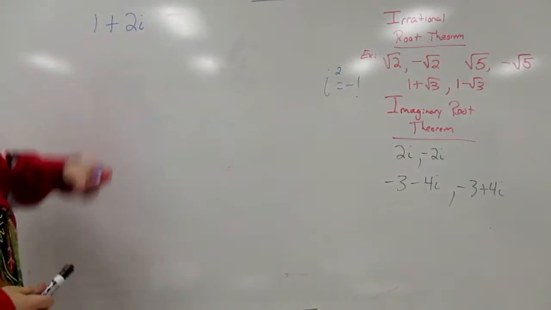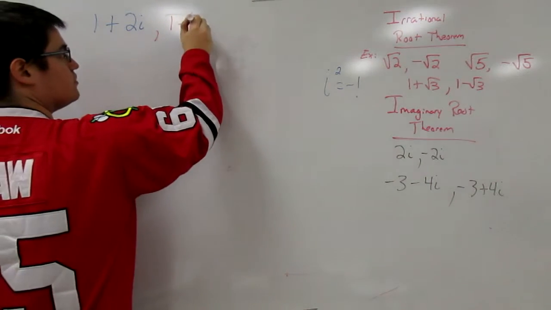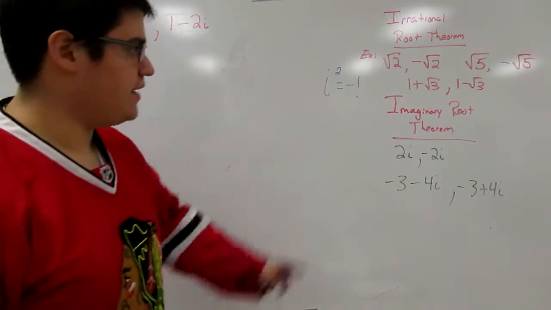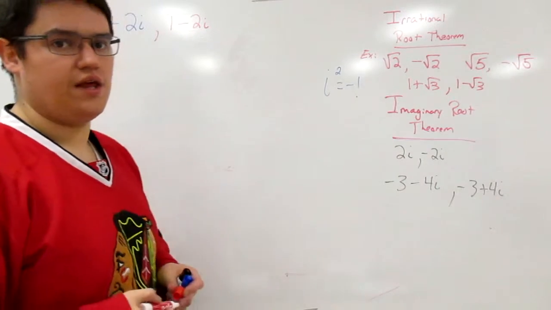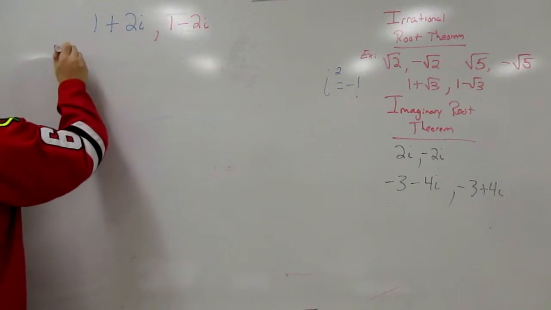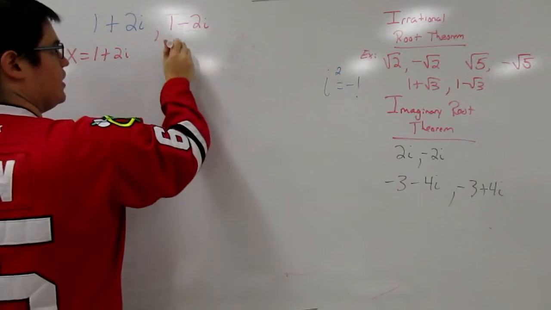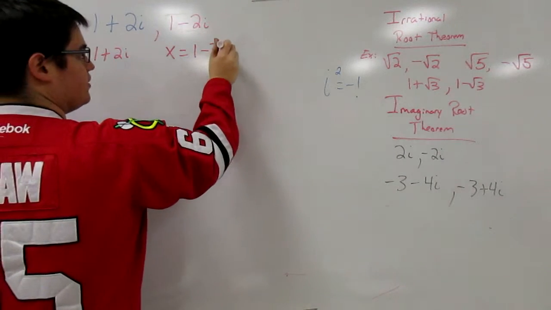So if you know you have a root at 1 plus 2i, you know you also have a root at 1 minus 2i by the imaginary root theorem. Now we're going to do exactly what we did last time. To get here, we would have had x equals 1 plus 2i, x equals 1 minus 2i.